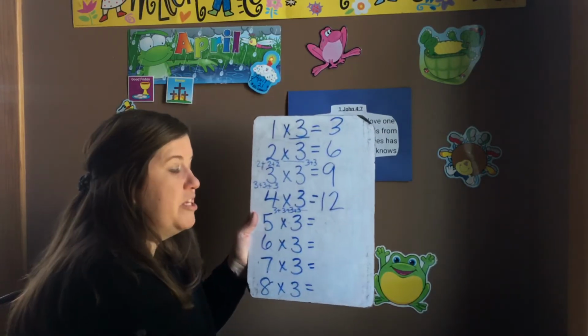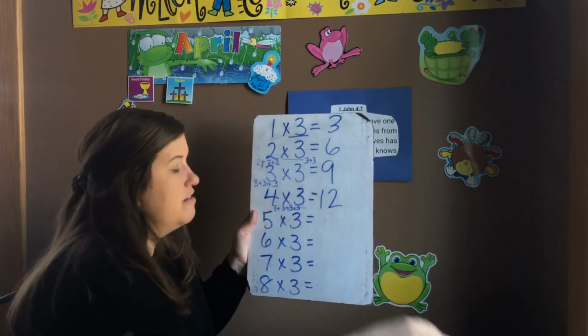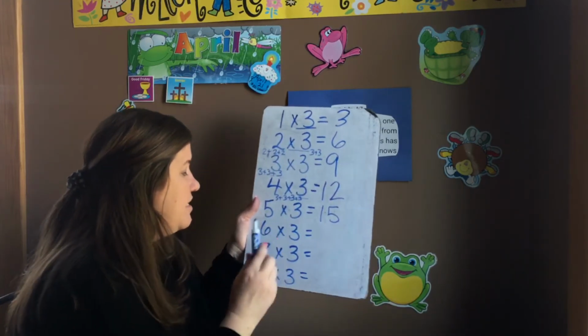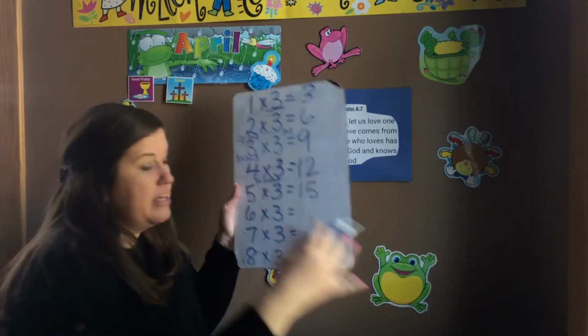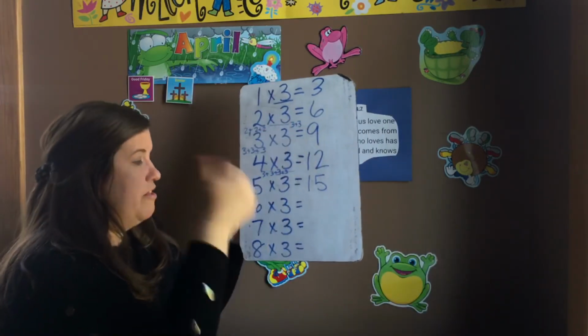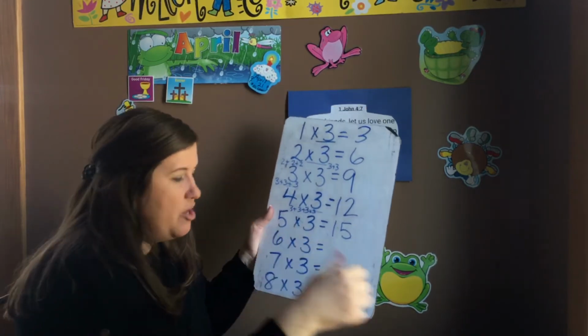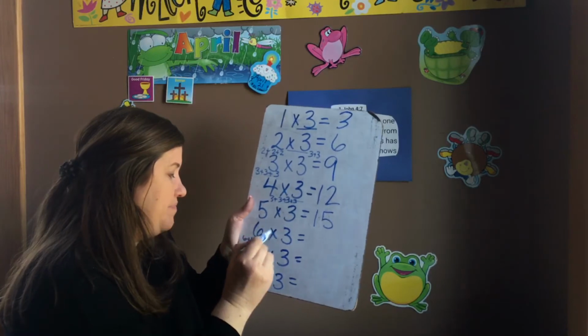5 times 3, we can do that easy with our 5s. 5, 10, 15. Okay, 5 3 times. 6 times 3. It's easier for me to count by 3s. 3, 6, 9, 12, 15, 18. Or you could do 6 3 times.